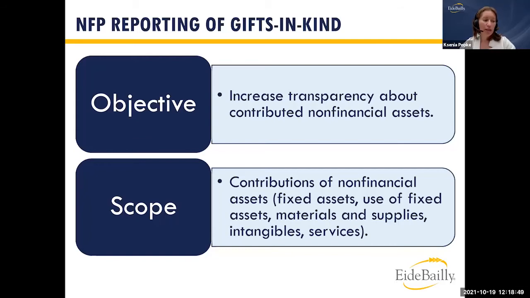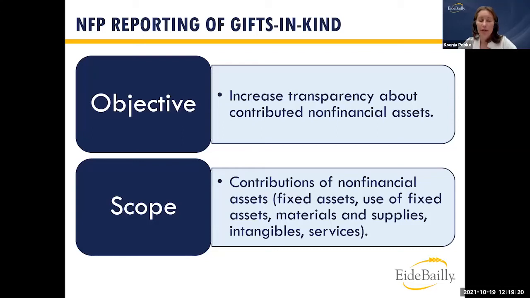So current GAAP prior to this amendment does not include specific presentation requirements for contributed non-financial assets or specific disclosure requirements for contributed non-financial assets other than contributed services. You've always had to disclose contributed services, but not necessarily anything else. The amendment does not create new recognition requirements or measurement requirements necessarily, but it does provide for additional disclosures.